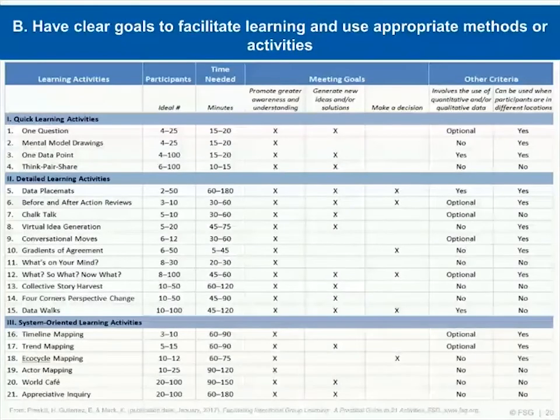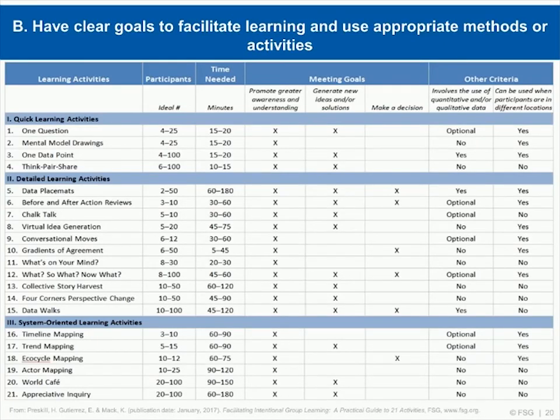So this slide, I'm not expecting you to be able to read each of the lines, but once you have the goal, it's important to find the appropriate method for facilitating continuous learning. And this table will be included in our guide for intentional group learning that will be coming up in January.